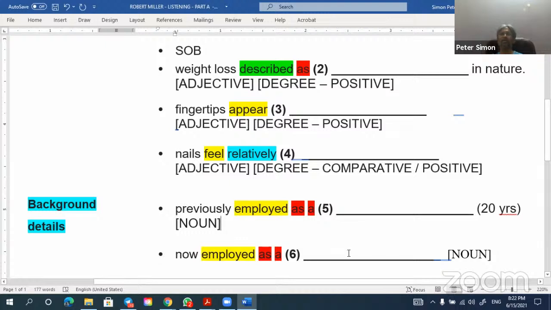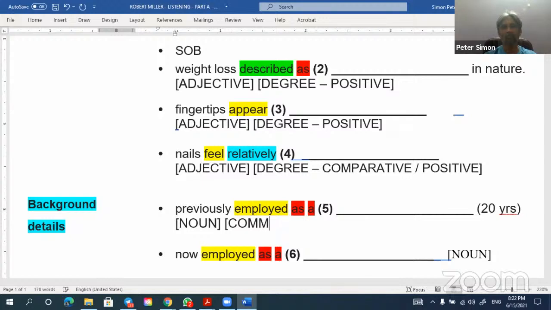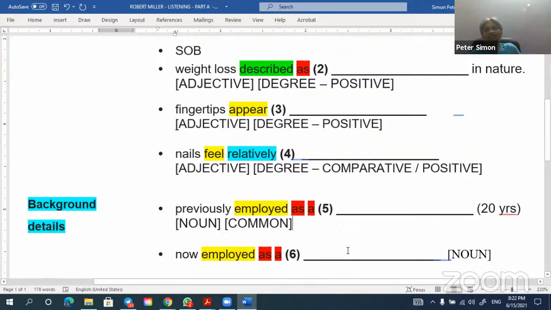I pushed everything into the next line so that it will be very easy for you to understand. Now here, a noun will come. And this noun is a common noun, because employed as a doctor.